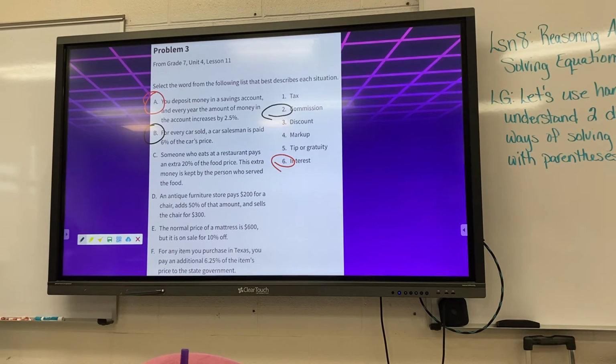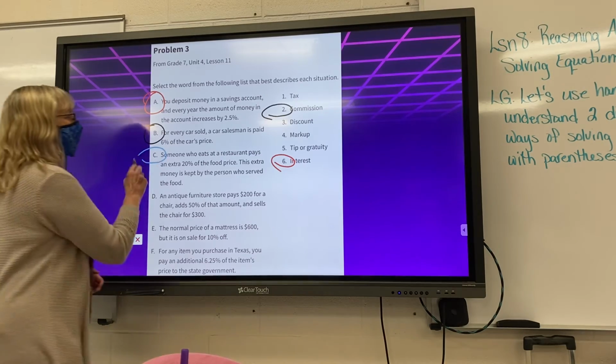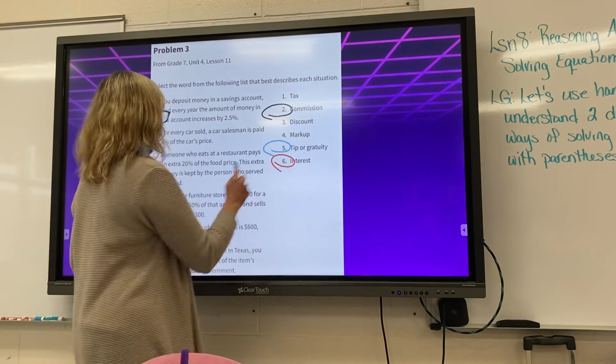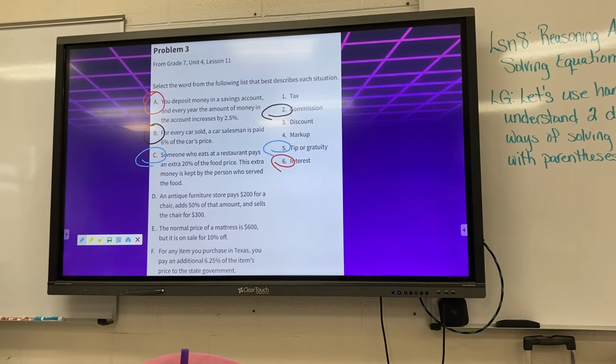Someone who eats at a restaurant pays an extra 20% of the food price, and that money goes to the server. Tip, or gratuity. An antique furniture store pays $200 for a chair, adds 50% of that amount, and sells the chair for $300. Markup.